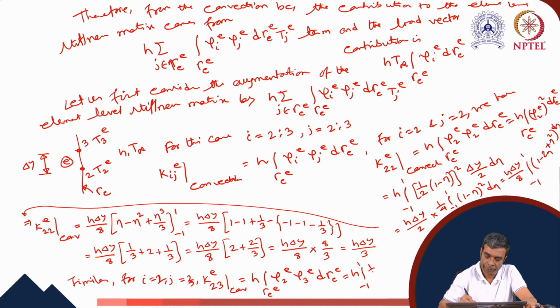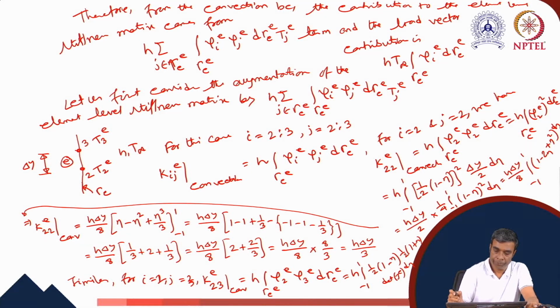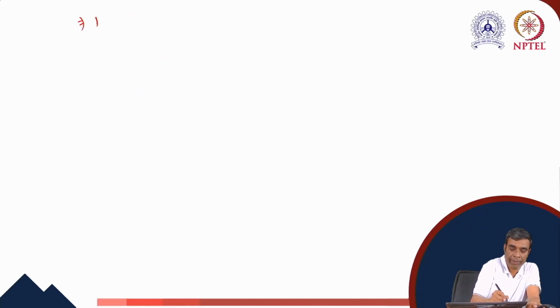So it comes half of 1 minus eta into half of 1 plus eta into determinant of Je into d eta. So this gives us K23E convection equals H by 4 integration from -1 to 1 of 1 minus eta square.